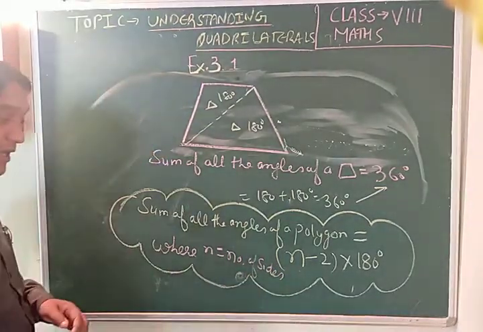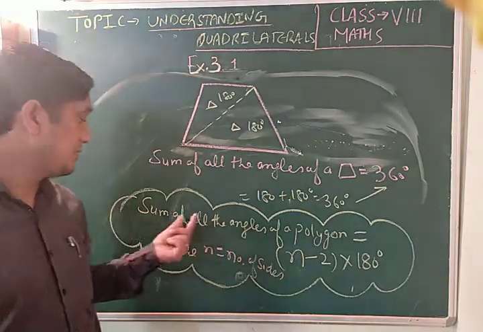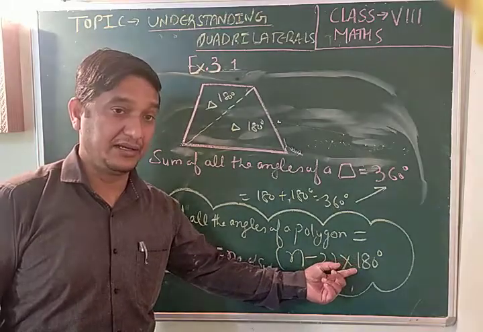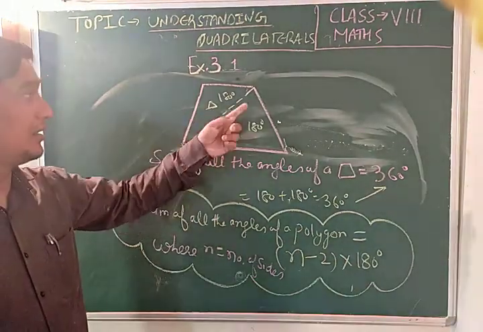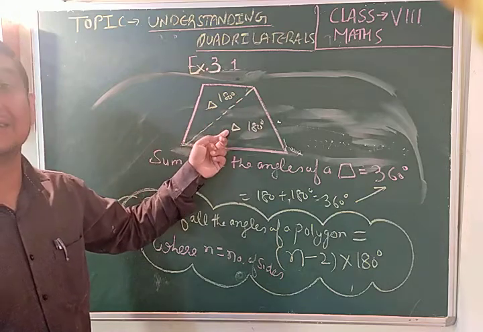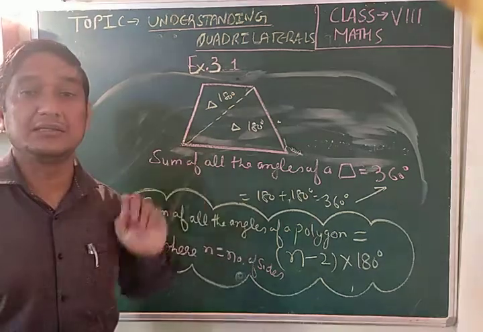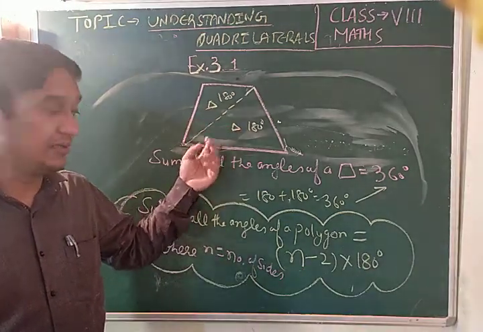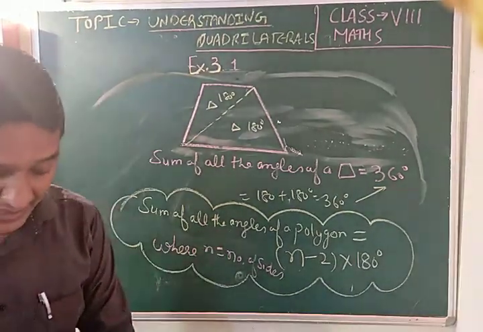So children, if you are not able to recall the formula for the sum of all the angles of a polygon, that is n minus 2 into 180 degrees, you may divide the figure into triangles, and then you have to add like this. 180 plus 180 is 360. This is another method of finding the sum of all the angles of a polygon. So children, turn the page.